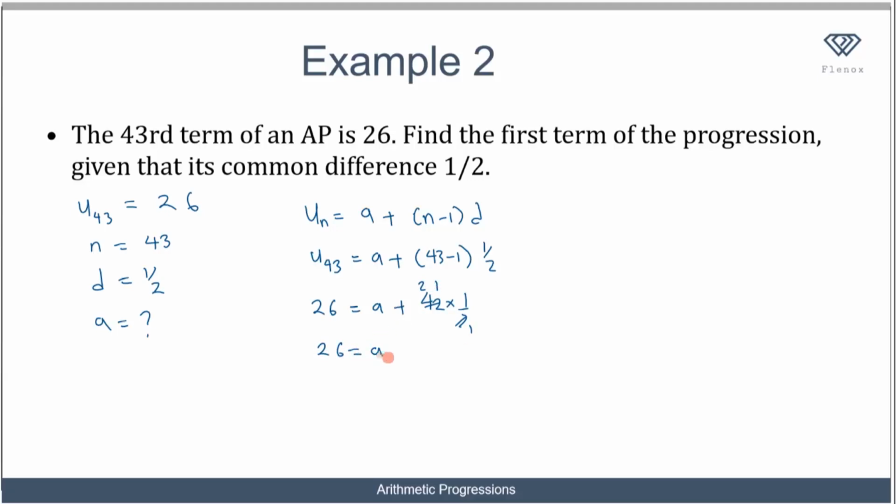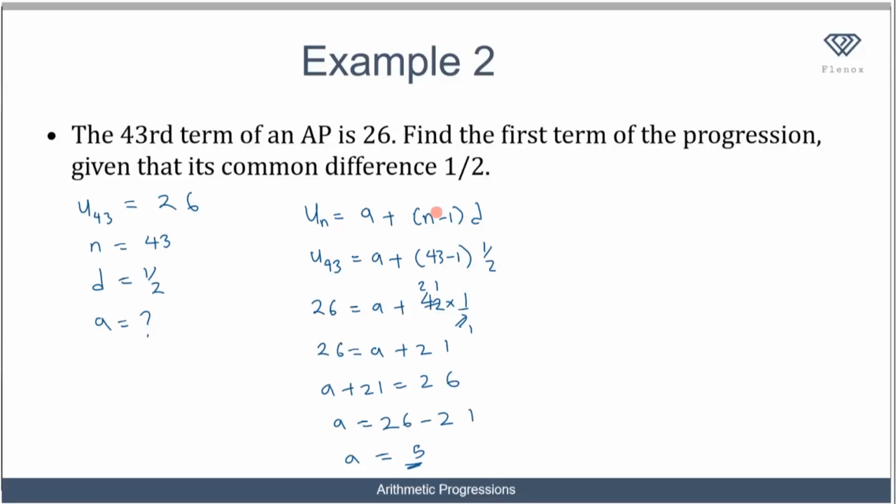So I have 26 is equal to a plus 21, or a plus 21 is equal to 26. If I bring this over, a is equal to 26 minus 21, so a is equal to 5. So the first term is 5.